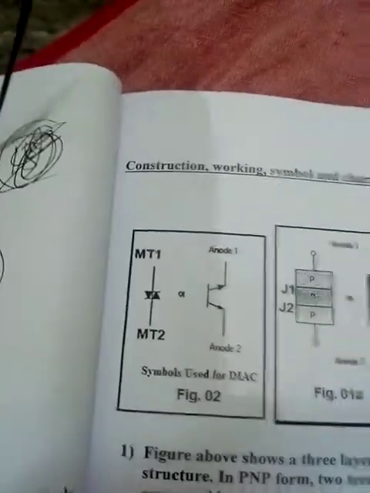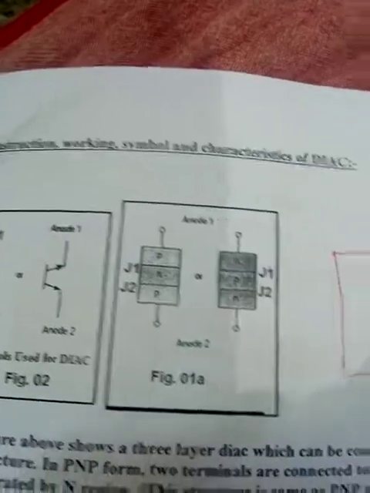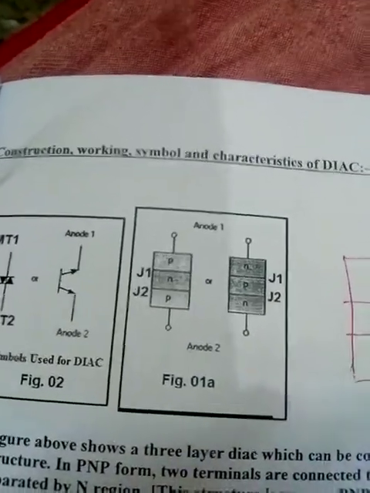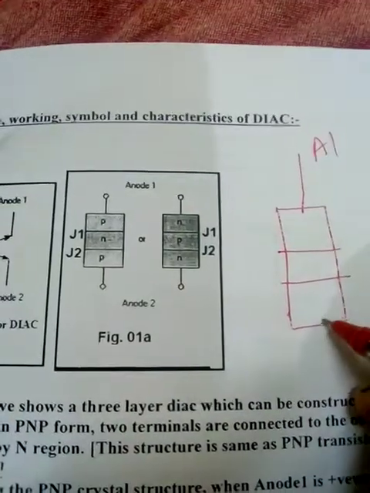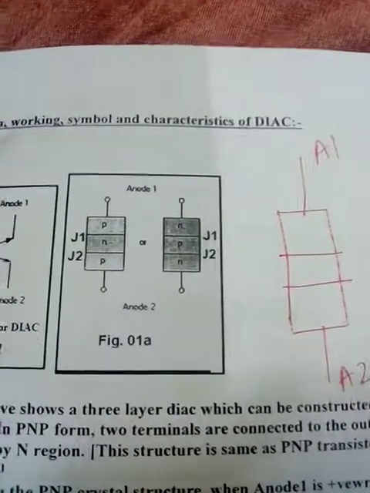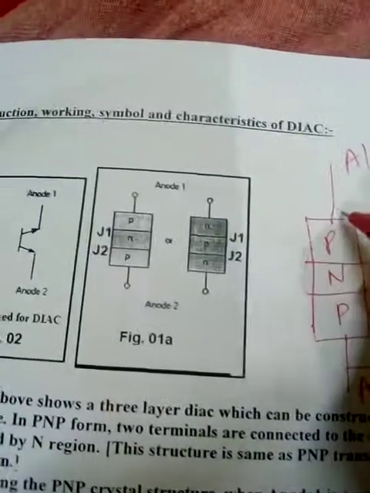Now suppose you apply a voltage, say forward biased. Actually there is nothing called forward and reverse biased, because the terminals are marked as anode 1 and anode 2. However, let us take this structure.